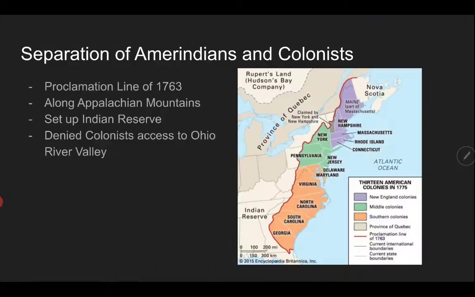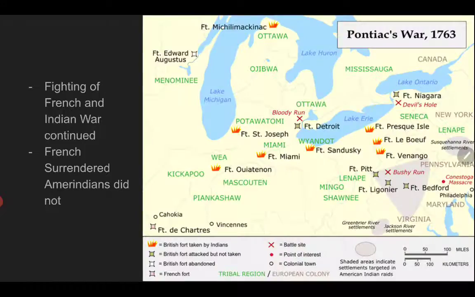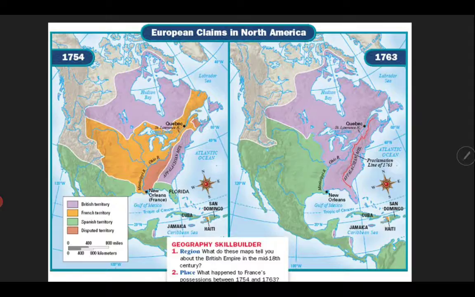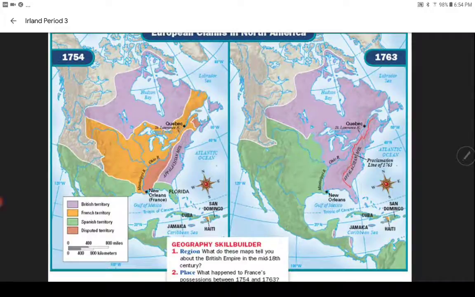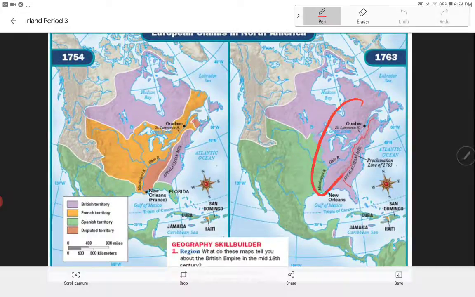So I'm going to start with, in 1763, the French and Indian War ends, right? The English are going to win, and they are going to sign a treaty. Now, on that treaty, the French are essentially going to leave North America. They're gone, right? So if we take a look at this map, while the French are gone out of this land, who is still here?